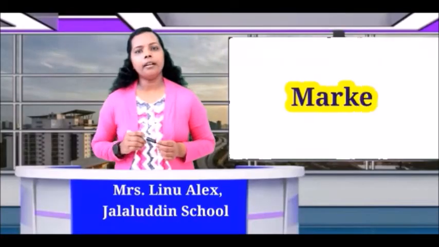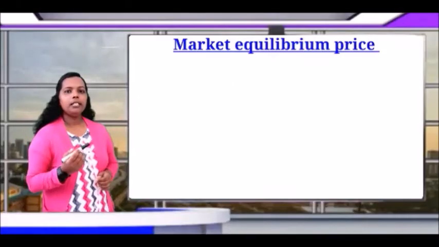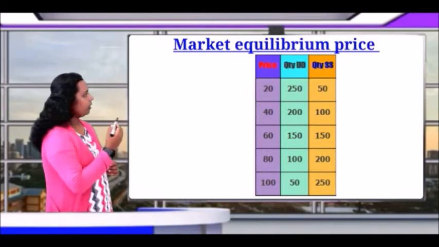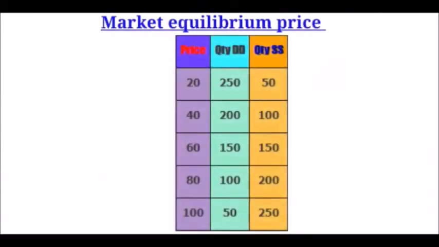Then, what is market equilibrium price? Let's check one example. Please look at this table. Here, quantity demanded and quantity supplied are displayed at different prices. Here we can see that when the price increases from 20 to 100, the quantity demanded is decreasing and the quantity supplied is increasing.